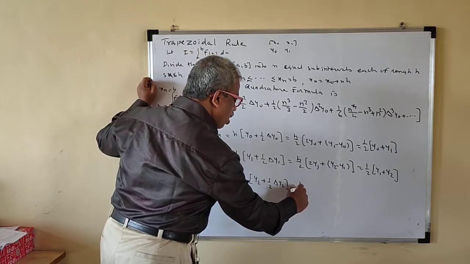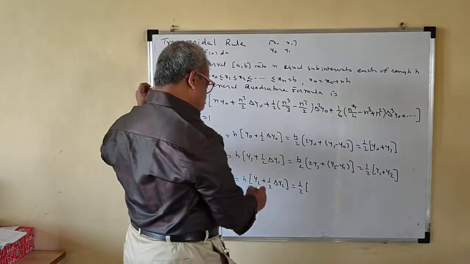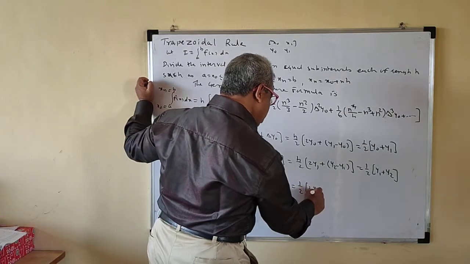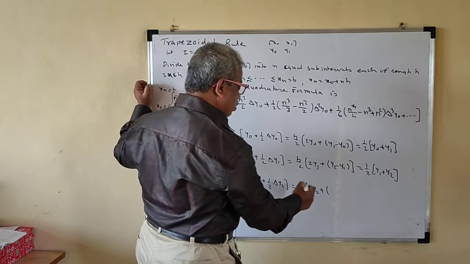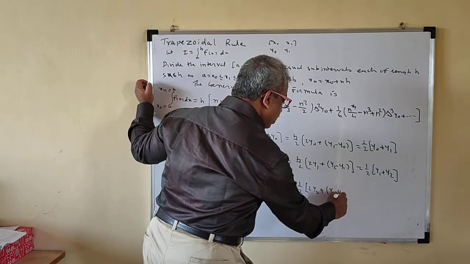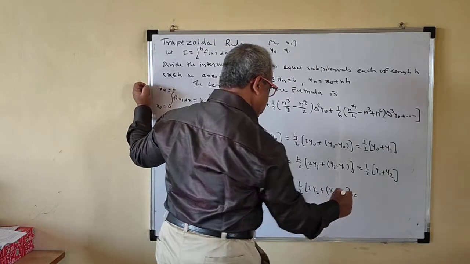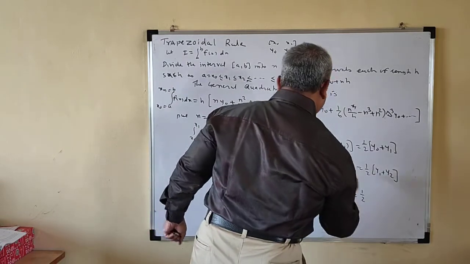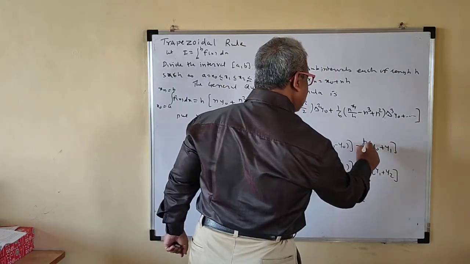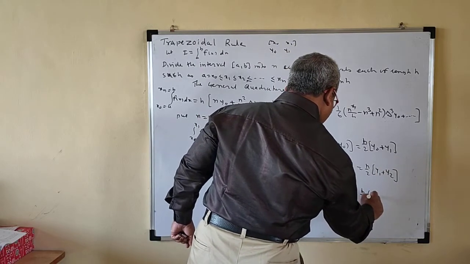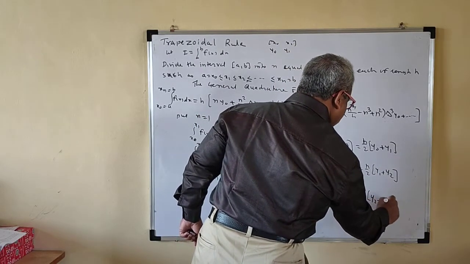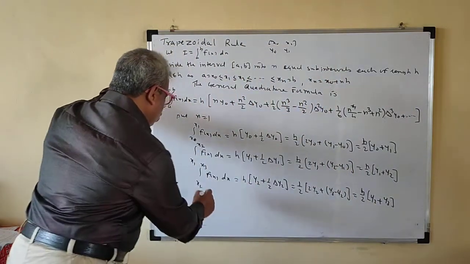Again I will take h by 2 common, so I get twice y2 plus delta y2, where delta y2 is y3 minus y2. So this is h by 2 times y2 plus y3.